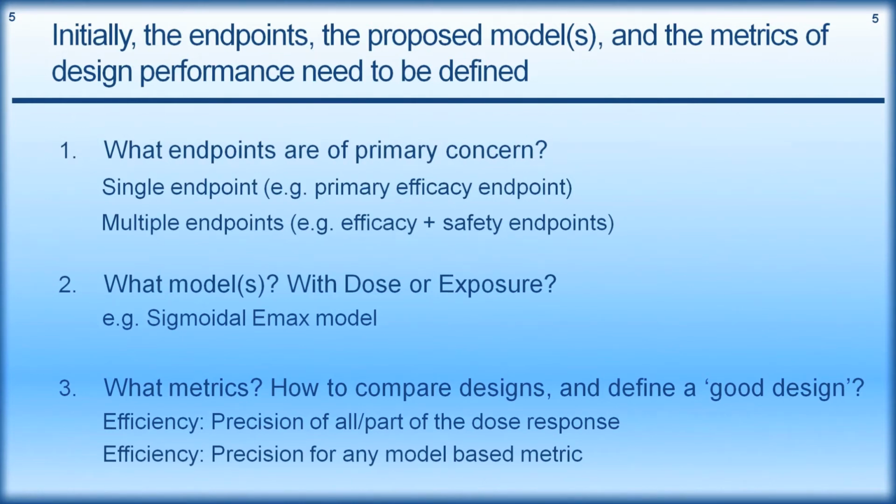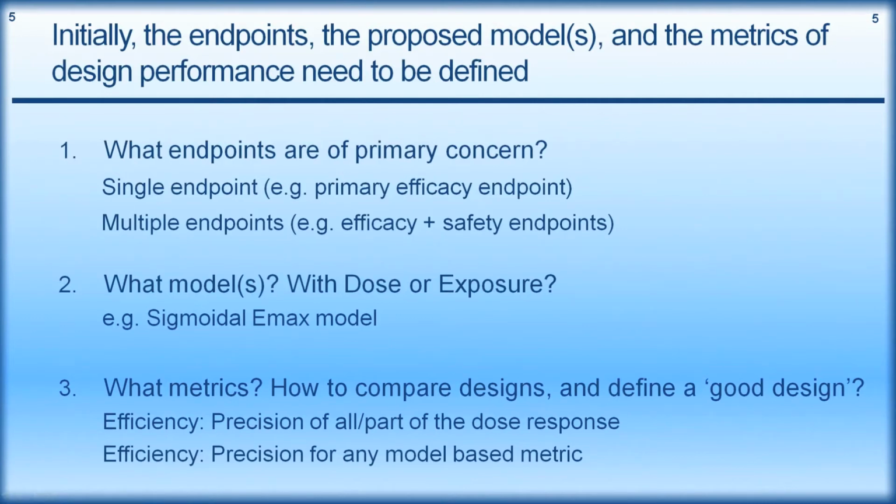So when we're thinking about the optimal design, or designing Phase 2 studies, what's the sequence of steps we need to think about? The first step we need to think about is the primary endpoint. So for example, we could be thinking about a single endpoint, so that could be the primary efficacy endpoint, or we could be thinking about multiple endpoints. So we have both the primary efficacy endpoint, perhaps other efficacy endpoints, and other safety endpoints.